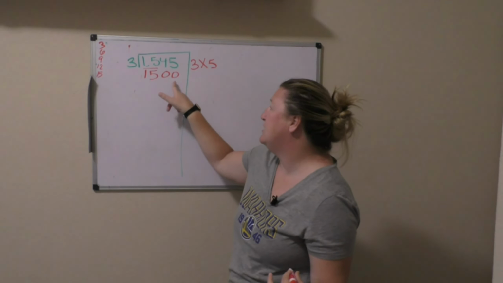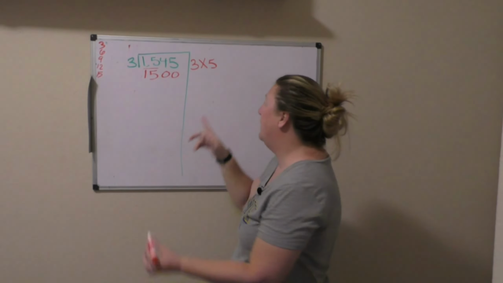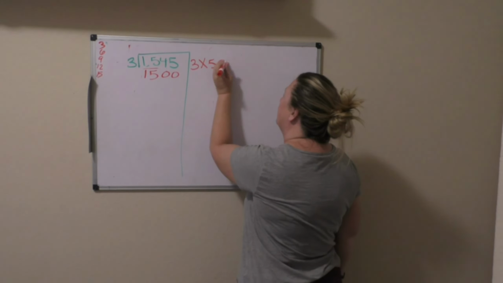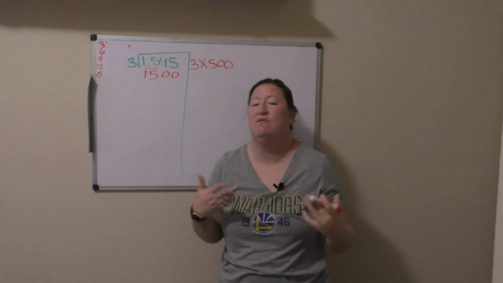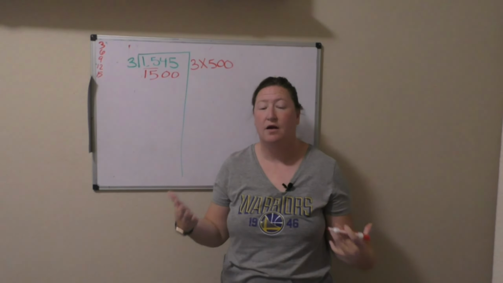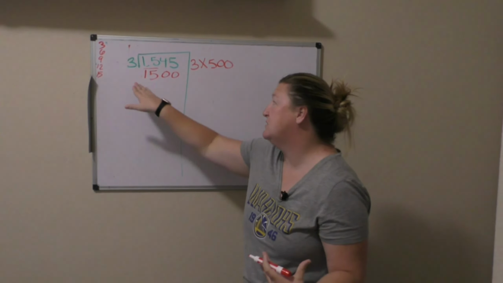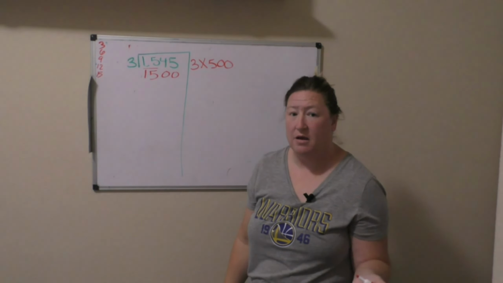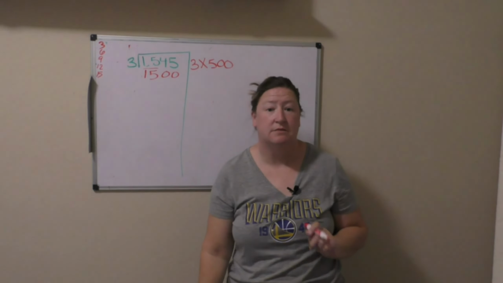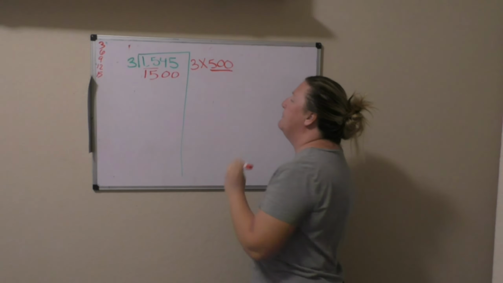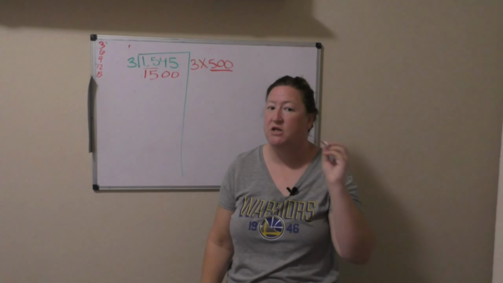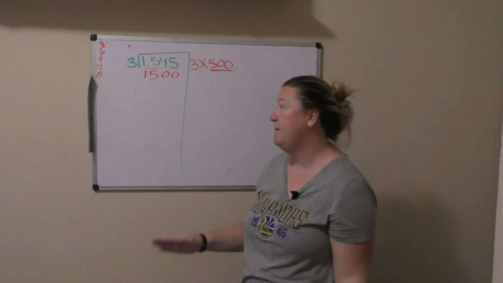So because I'm adding 2 zeros here, I'm going to add 2 zeros here. Because I'm really timesing 3 times 500. And 3 times 500 is 1,500. Now, that 500 is important. And so I'm going to underline it, because I don't want to forget about it, because I'm going to use it at the end. Okay?